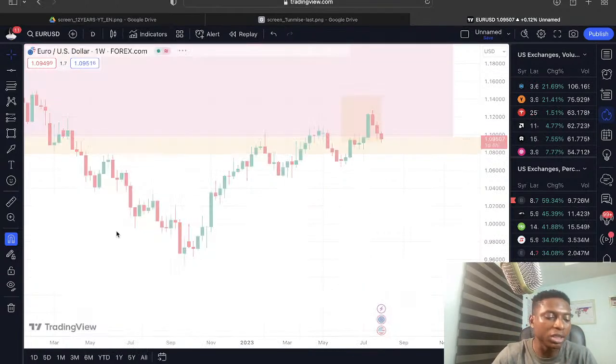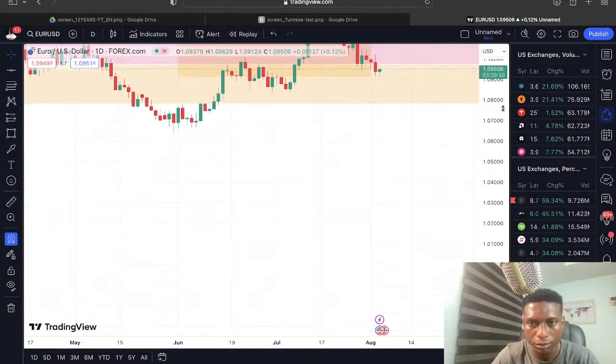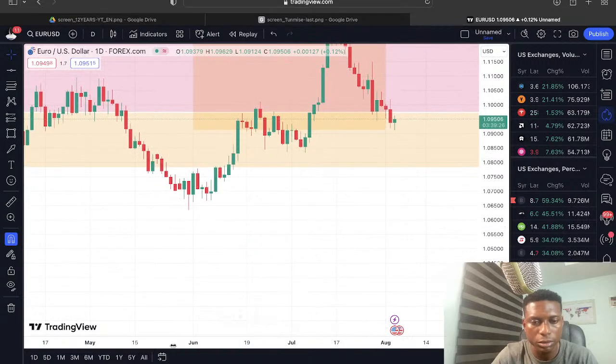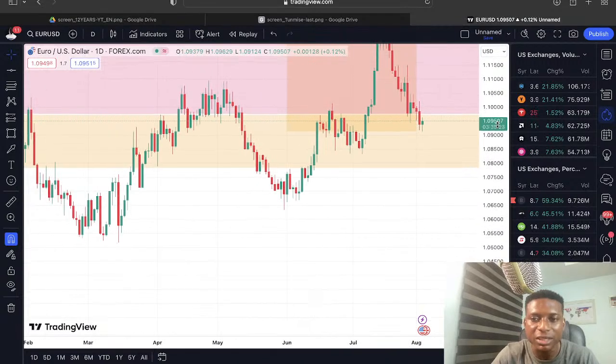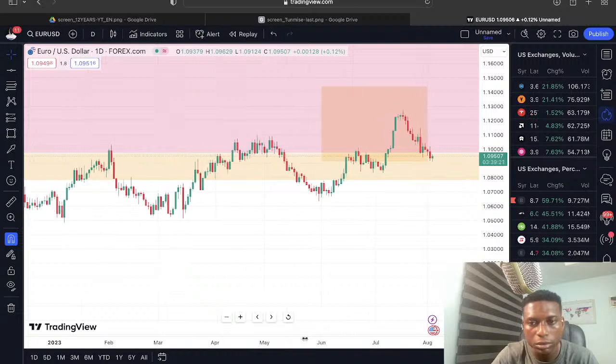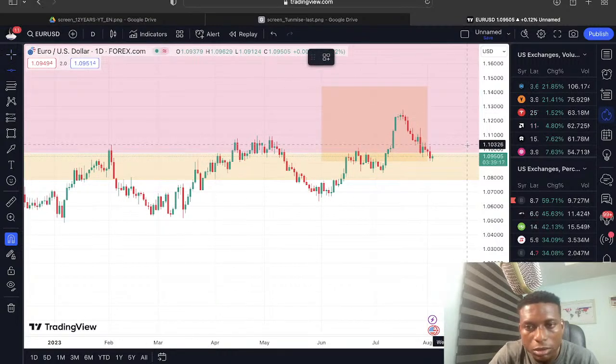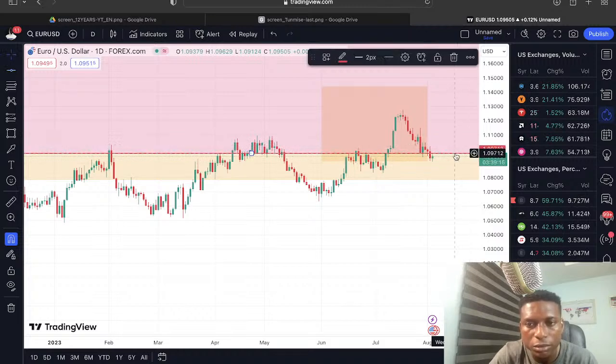Now let's look at it on the daily time frame. Good. So if you observe on the daily time frame, price broke back into that support level.